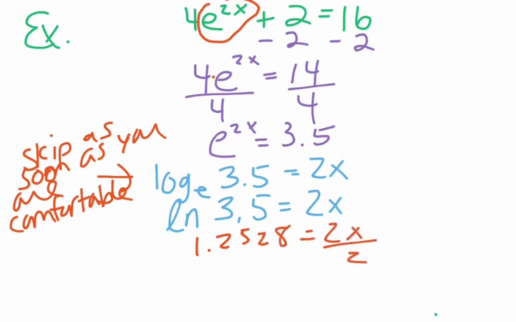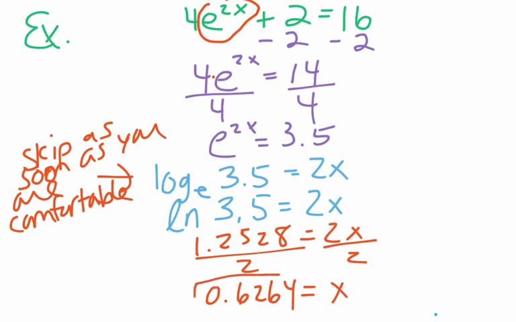And then divide both sides by 2, and you would get 0.6264. Okay? Now, sometimes you will be asked for something called the exact answer.